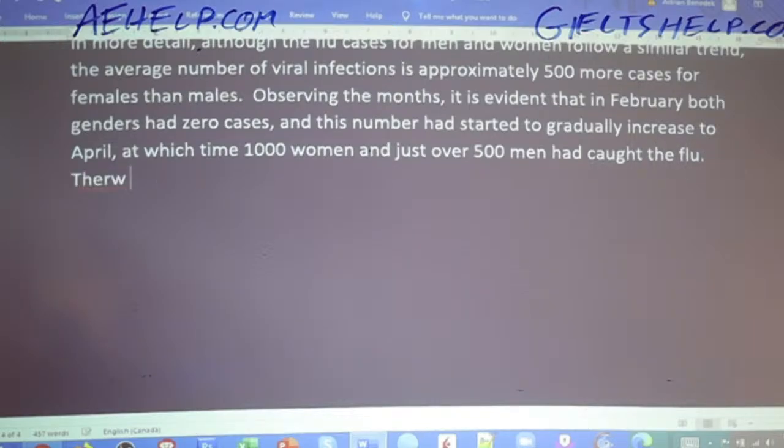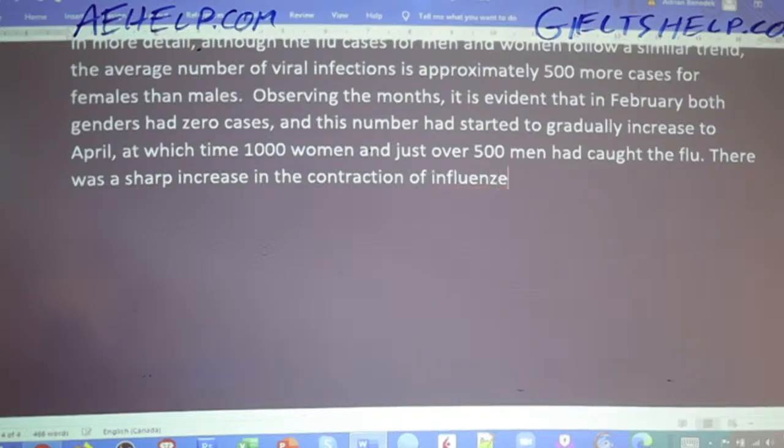There was a sharp increase in the contraction of influenza.